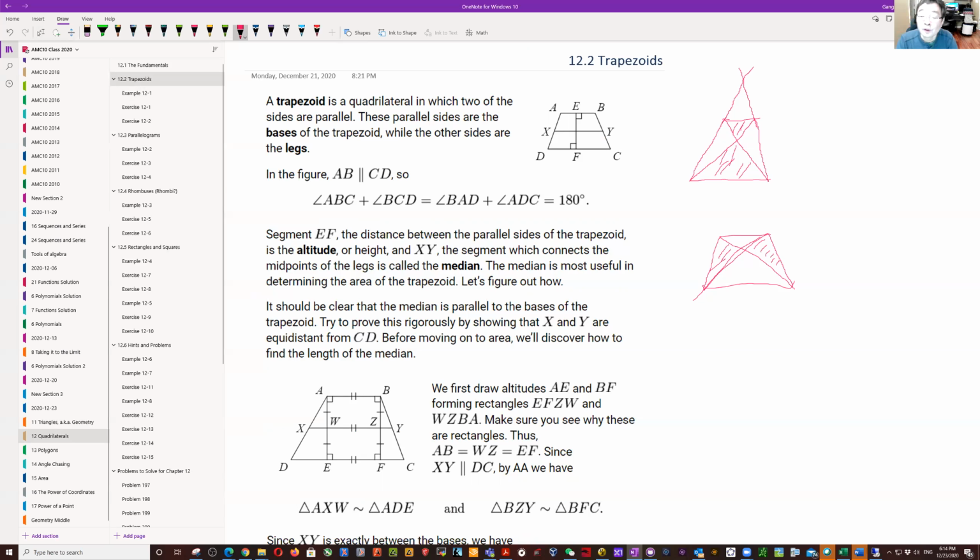And even with non-congruent triangles, the area of those opposite triangles is the same. You can use the height.